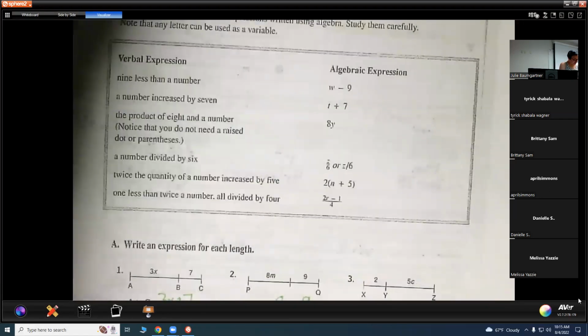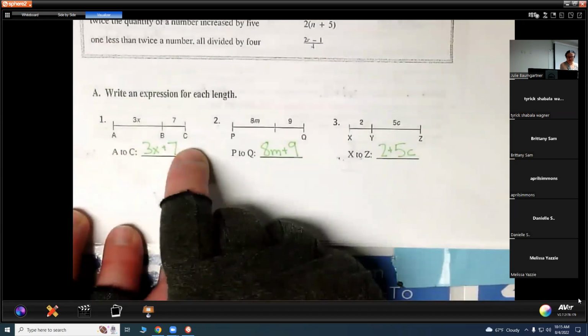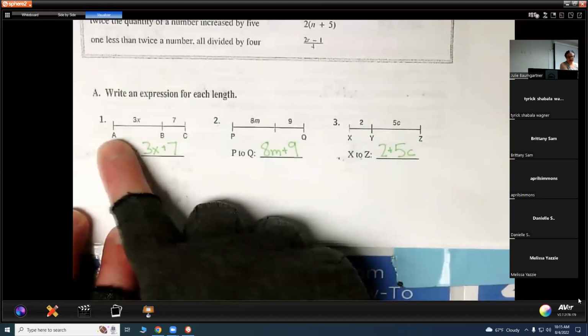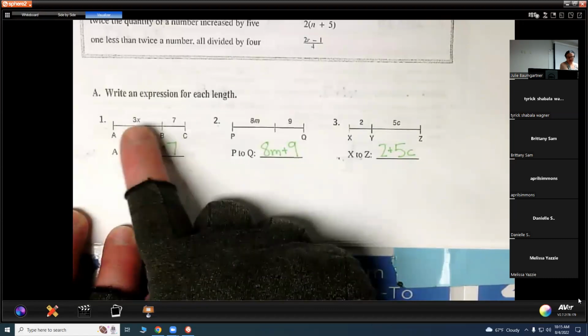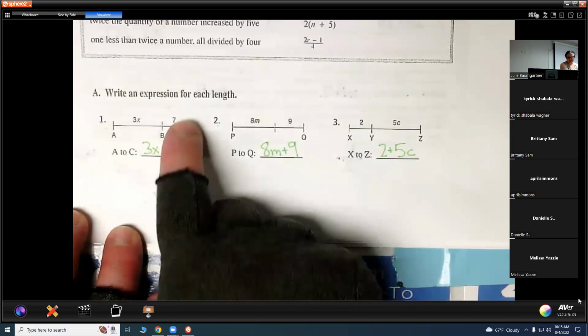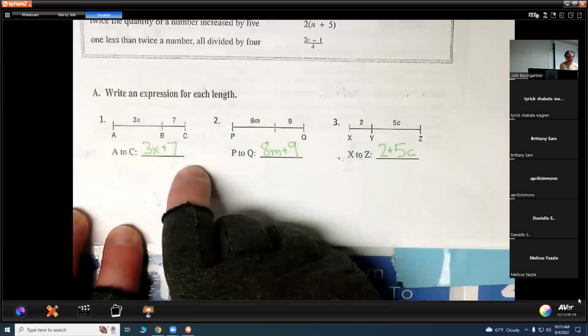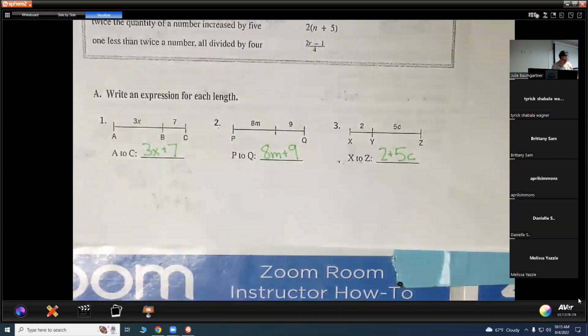And then we're doing these visuals where if the length from A to B is 3x, and the length from B to C is 7, then the length from A to C is 3x plus 7. So hopefully those visualizations are making sense and everyone's feeling comfortable with that.